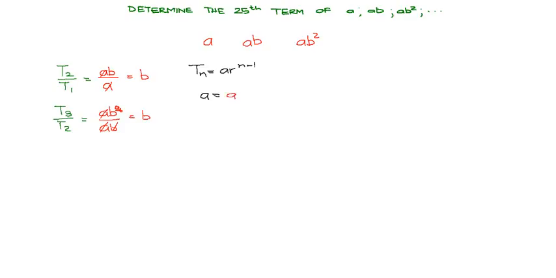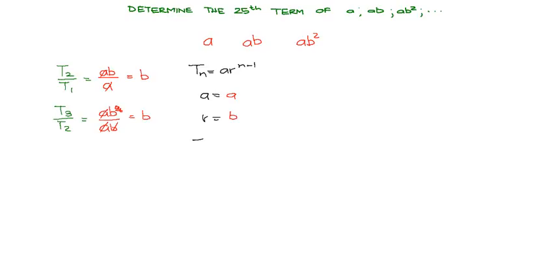A equals a. That's quite cute. And then we have r. What is r equal to? Well, that is our ratio, and we just calculated that it is b. So using these two variables, we're going to substitute them into our standard formula to create our general nth term.